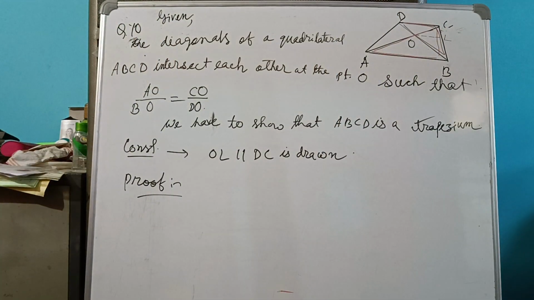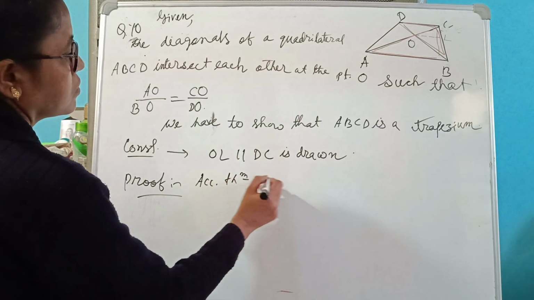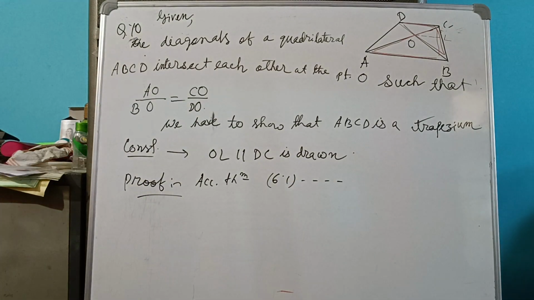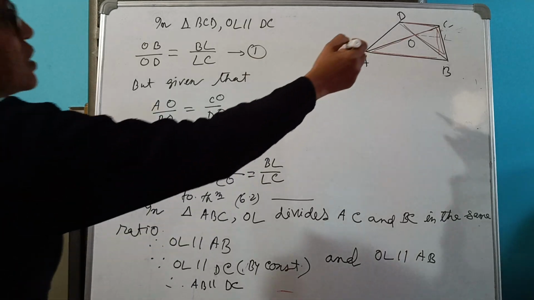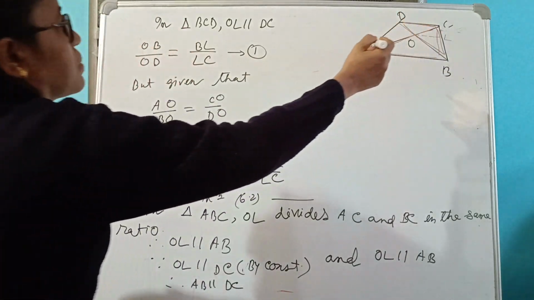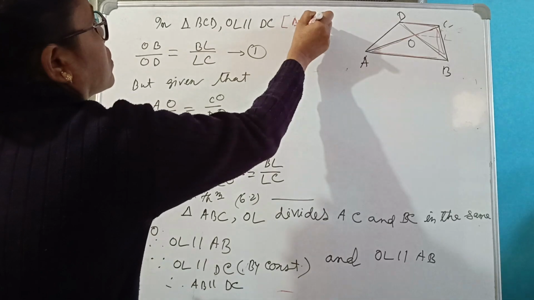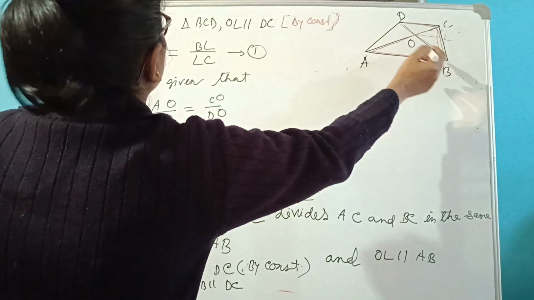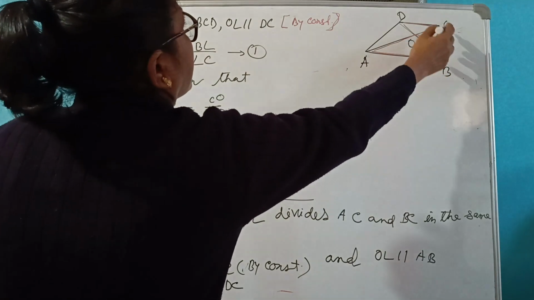Now according to theorem 6.1, you must write the theorem 6.1. What do we find? Students, see here in the triangle BCD. What is given? OL parallel to DC, by construction. Therefore, OB by OD is equal to BL by LC.